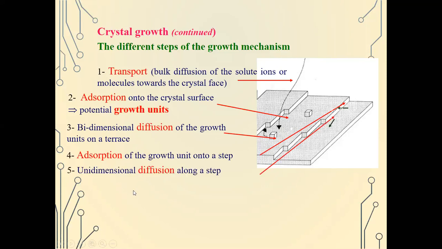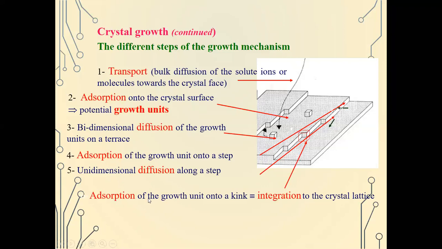And then unidimensional diffusion along the step. So if it's just right here on the terrace, that's a single bond. Bidimensional here, right on the step itself, or it could be in any direction as long as there are two planes on which your particular crystal solute gets attached to the surface.